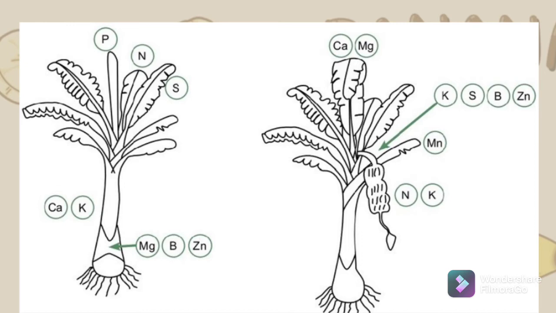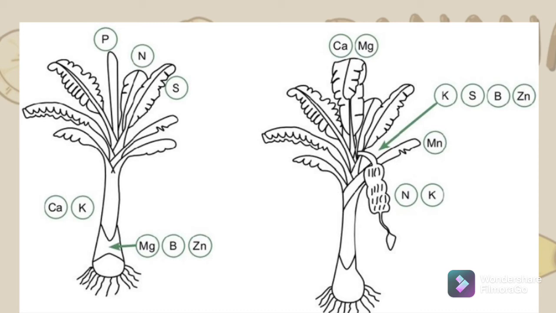The symptoms that appear are stunted growth with poor root development, chlorosis, and breaking of leaf petioles. Next is nitrogen. Nitrogen is the chief promoter of growth and it also induces vegetative growth of pseudostem and leaves.